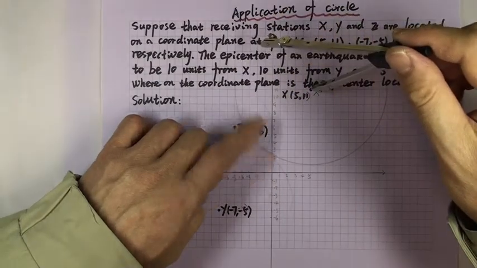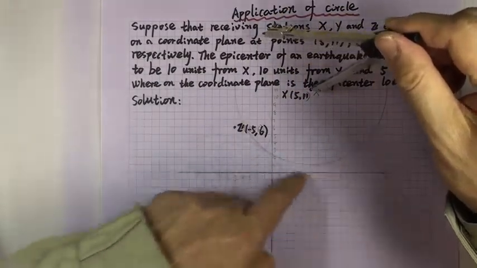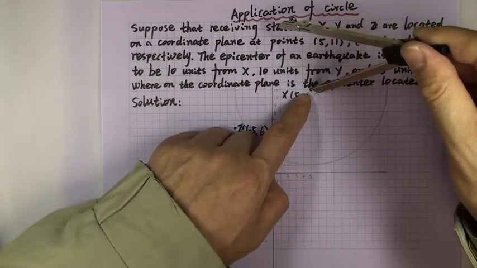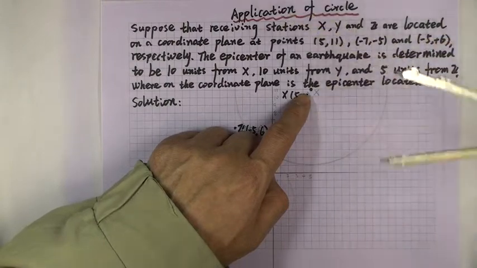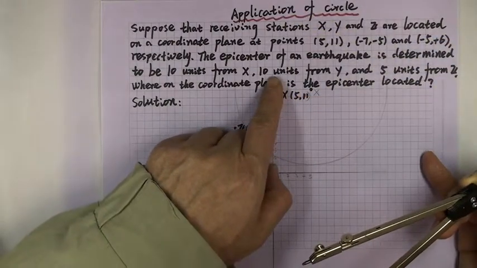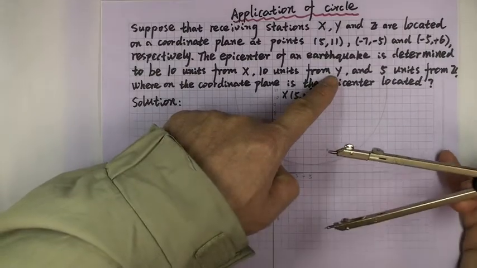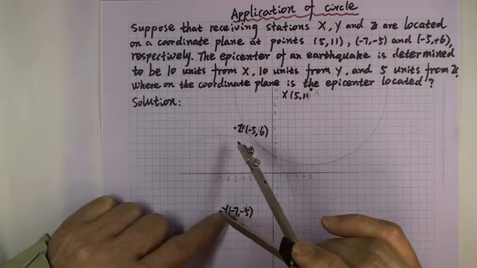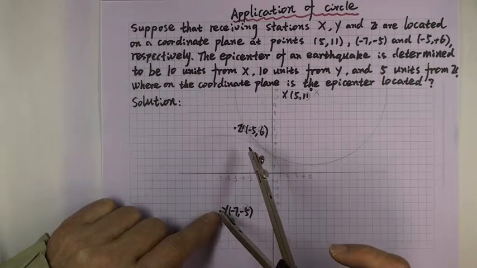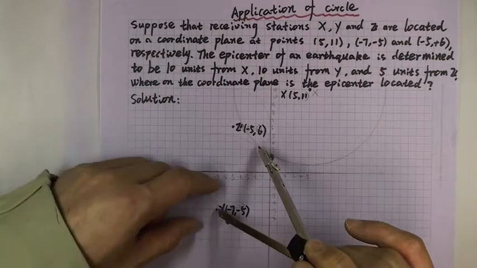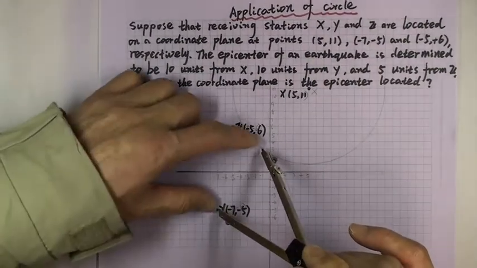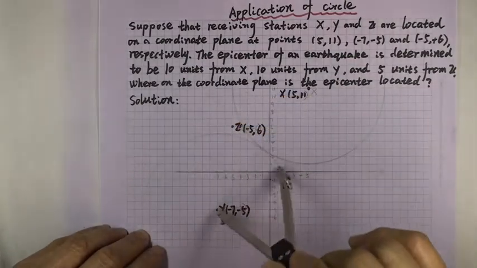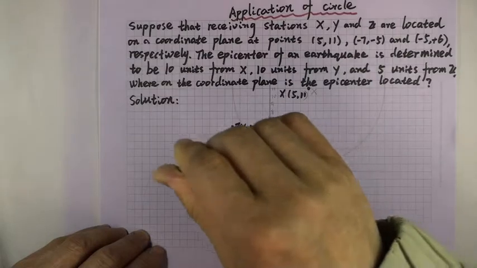So, all the points on this semicircle are 10 units away from X. We also know the epicenter is 10 units away from Y. Y is here. So we may draw another circle with the center on Y. And we did not change the radius. That's 10 units. So we draw another circle.